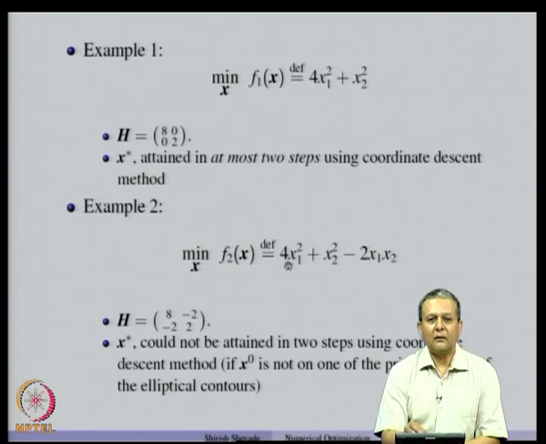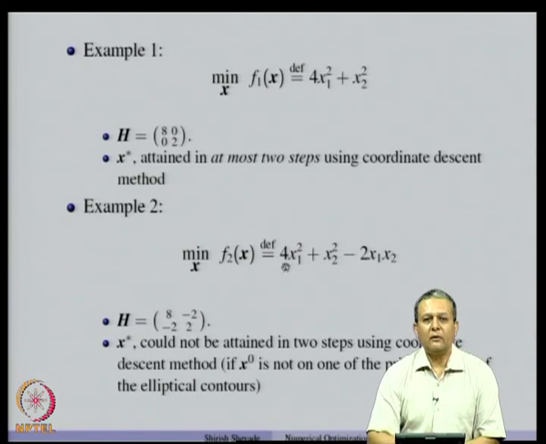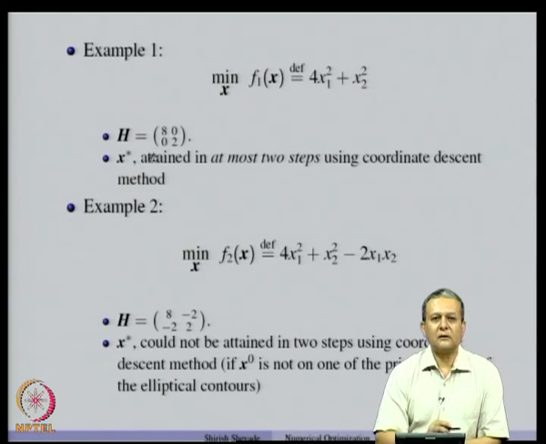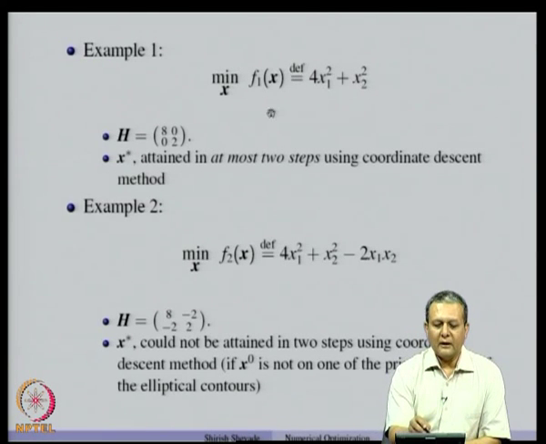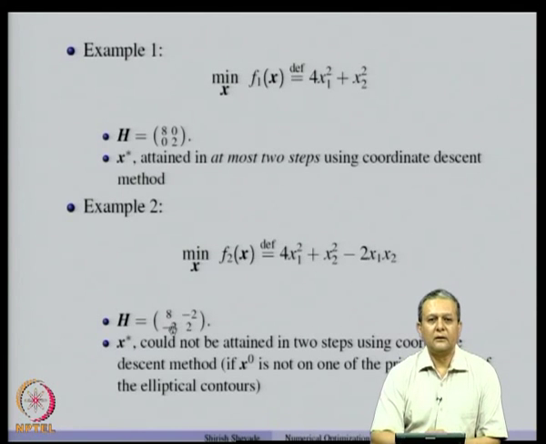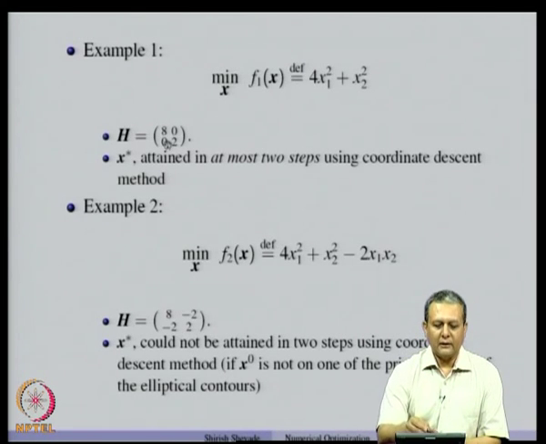So, the objective function in this problem is not separable in terms of x1 and x2, and that is reflected in the Hessian matrix of that objective function. If you look at the Hessian matrix of f1, it is a diagonal matrix, while for f2 the Hessian matrix is positive definite, but not a diagonal matrix. Both Hessian matrices are positive definite, but in one case it is diagonal, while in the other it is not.